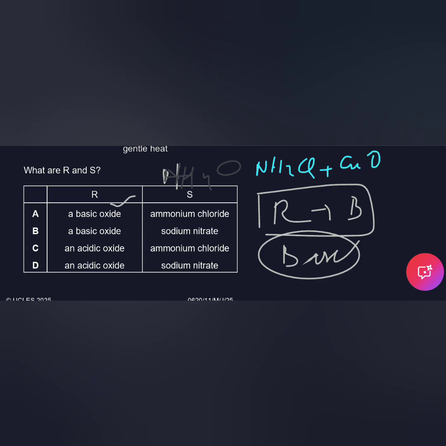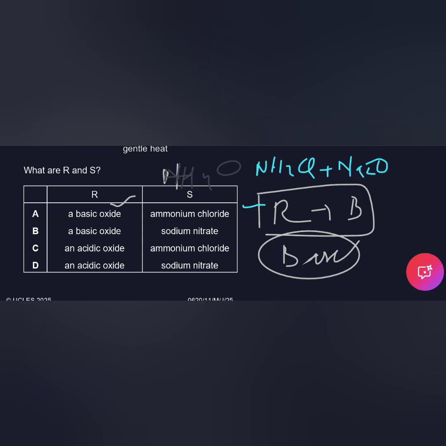So copper oxide, a basic oxide, or we can also take sodium oxide. They can react together to form salt, NaCl, plus water, and ammonia gas will be released. So option A is looking correct to me.